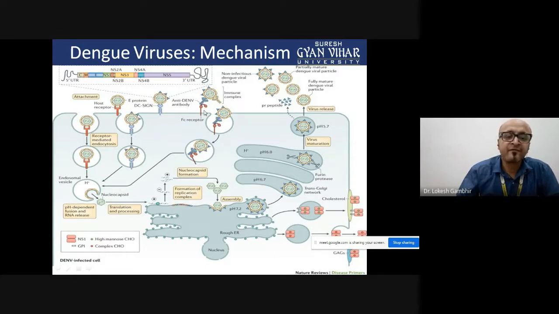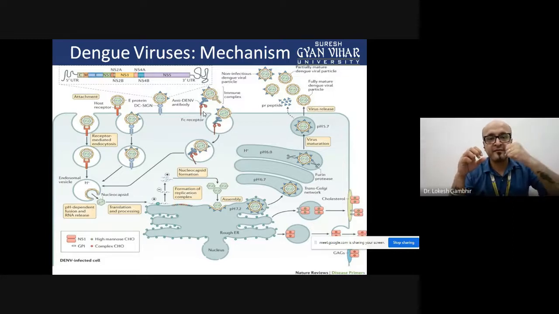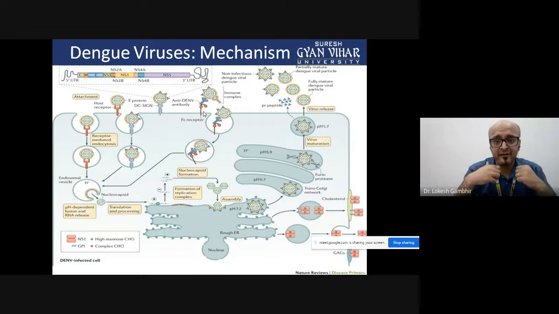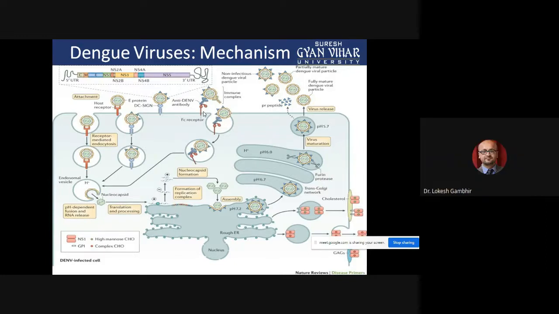Simultaneously, the FC receptor. Now the FC receptor is specific for the constant fragment, or the fragment crystallizable, of an antibody. Now if the virus has gained entrance inside the host, the antibodies which are specific for this E protein will be binding. The E protein will generate an immune response and the antibodies will bind.